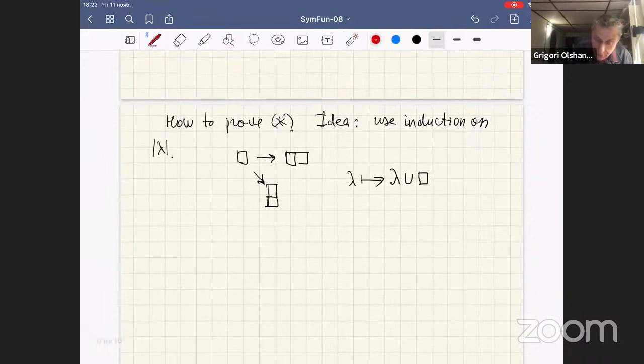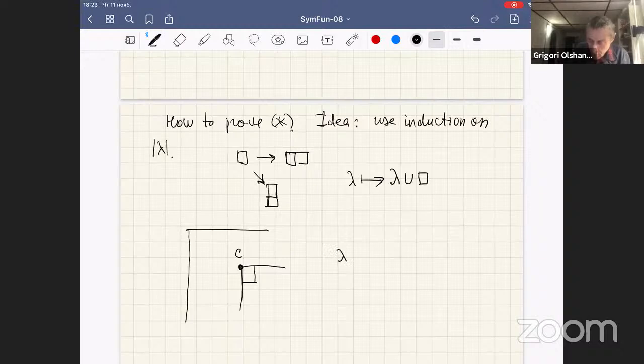This is easy to see, because look at what happens in the typical case. When we add a box here, okay, what happens? This is some inner corner. It has some content c. So this is lambda, and this is lambda plus this box.